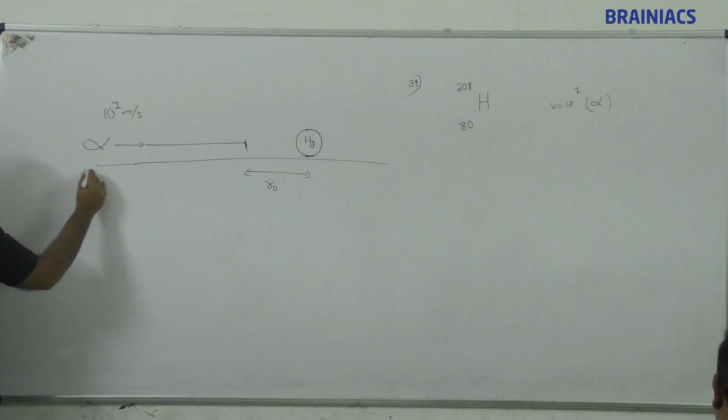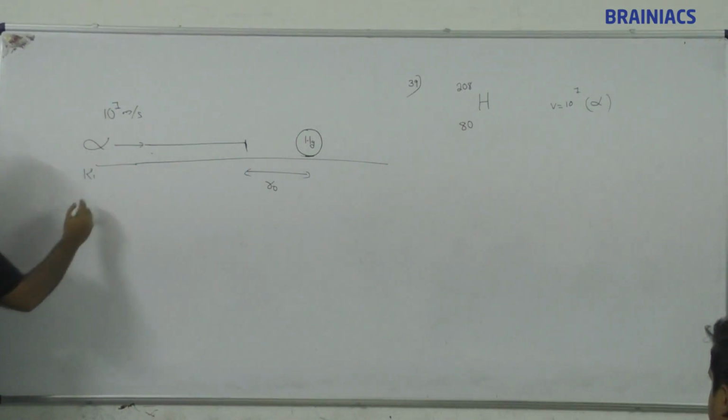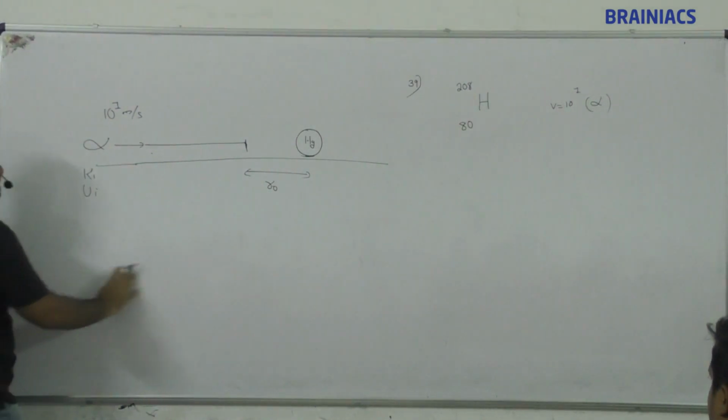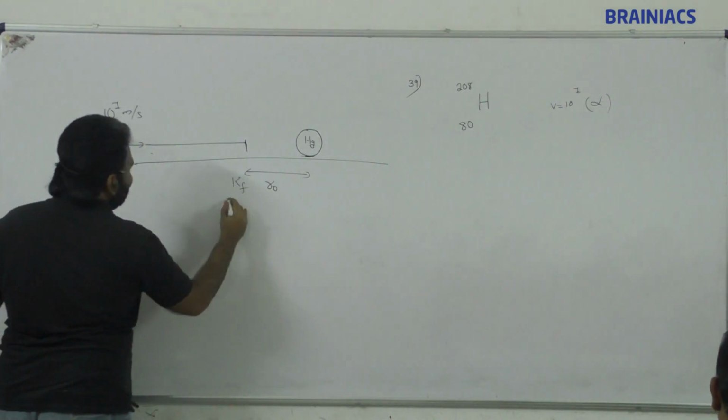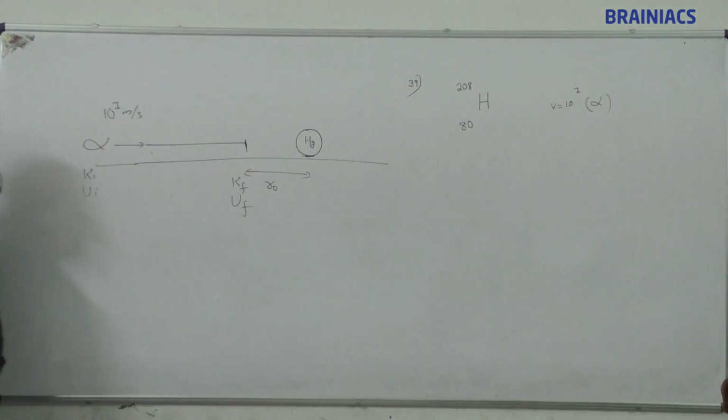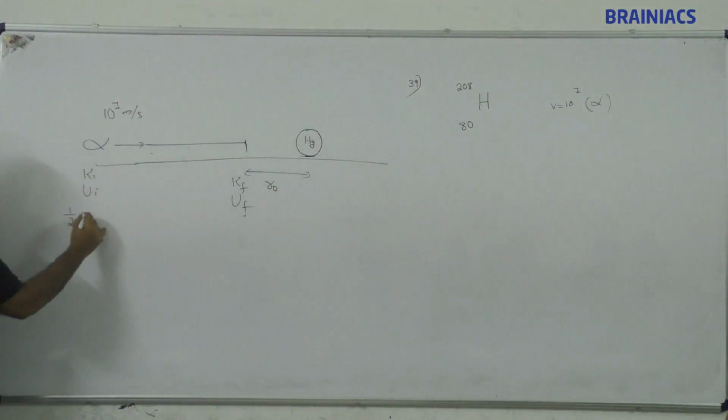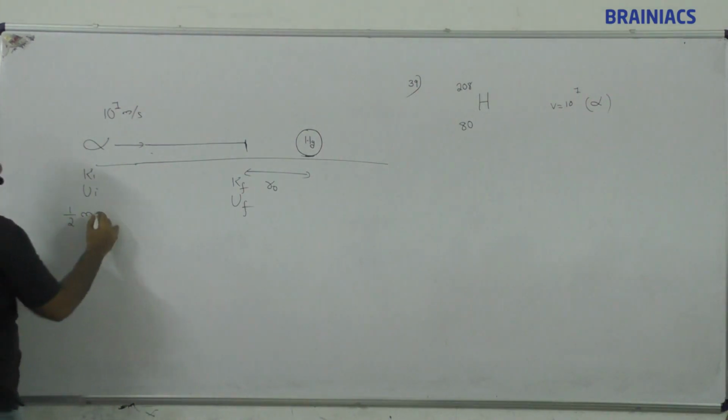So here we have an initial kinetic energy, an initial potential energy, and a final kinetic energy, a final potential energy, right? So what is the initial kinetic energy here? Half m v square.